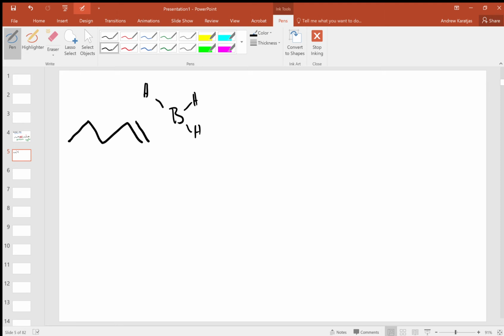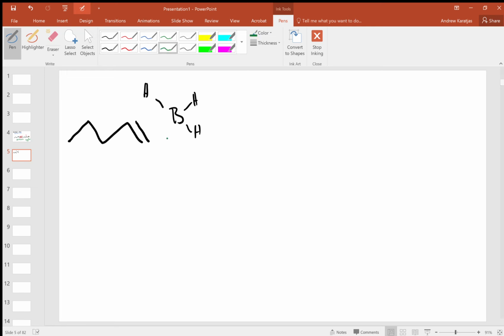So if there's any polarization at all in the BH bond, it's that the hydrogen would have the partial negative and the boron would have the partial positive. And so the atom with higher electron density is going to be attracted to the more substituted carbon.